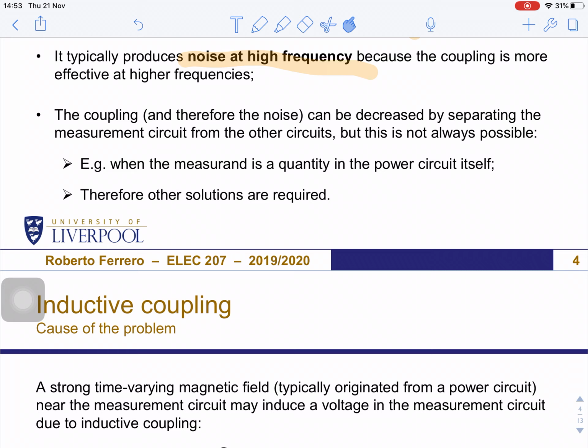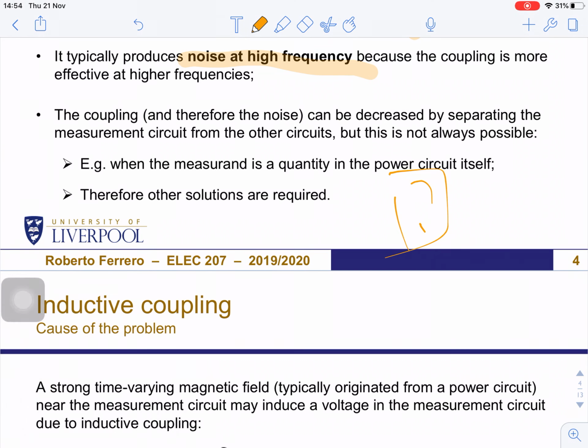Additionally, the coupling can be decreased by separating the measurement circuit from other circuits, but it's not always possible. For example, when the measured quantity is the power in the power circuit itself, other solutions are required.